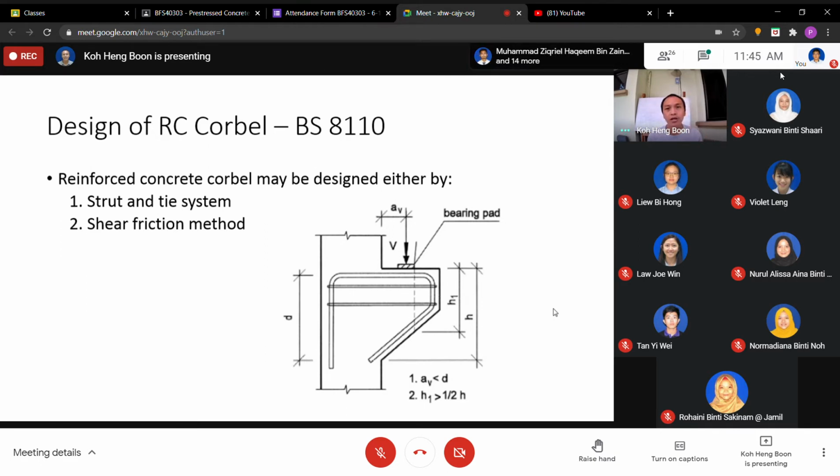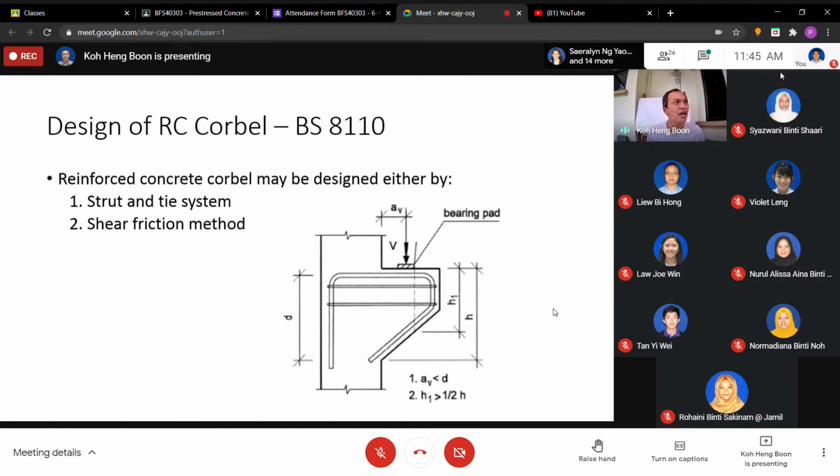Last week I described a little bit about the corbel, one of the connections widely used between beam and column. The corbel can be divided into shallow and deep, and we briefed you a little bit about the theory. So today we are going to focus on the design.